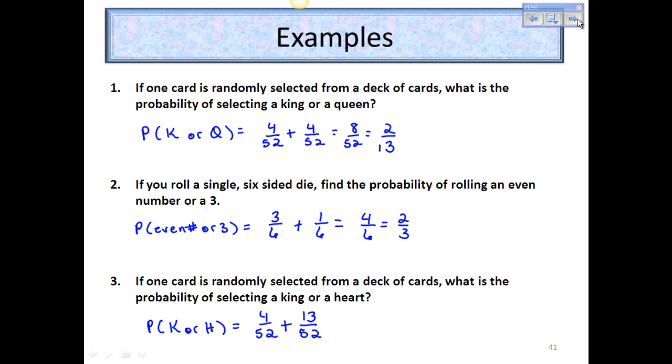Now we ask ourselves, do we need to subtract anything? Can these two occur together? The answer is yes. There is one card that is a king of hearts. So we subtract 1 over 52. And that's 16 over 52, or 4/13.